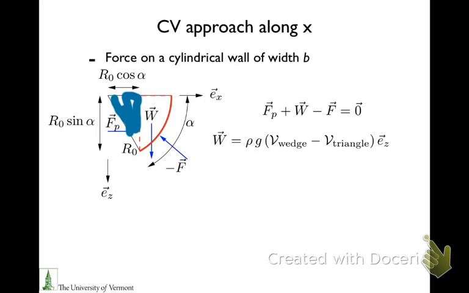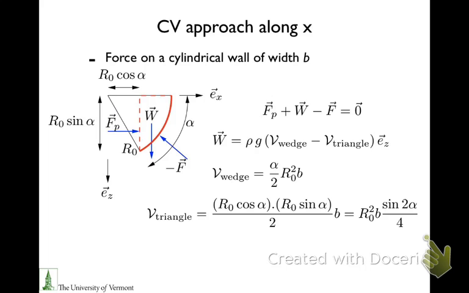The volume of the wedge is alpha over 2 r0 squared b, which is a well-known formula, and the volume of the triangle, based on the dimensions that I've just specified, is r0 cos alpha times r0 sine alpha.